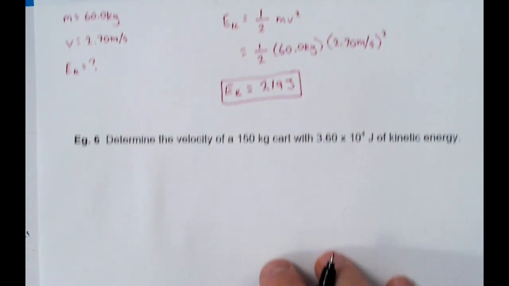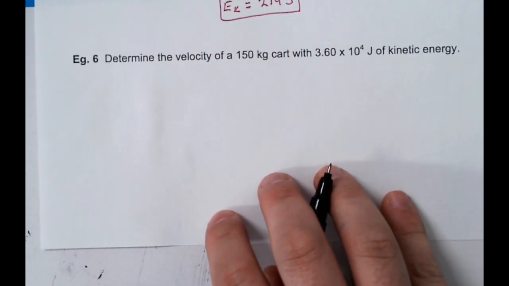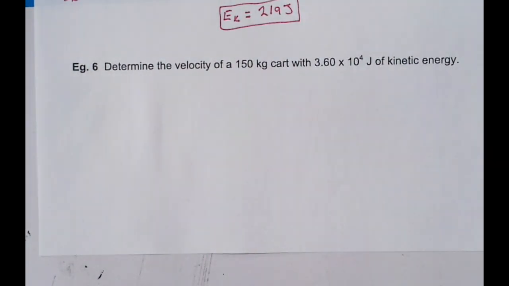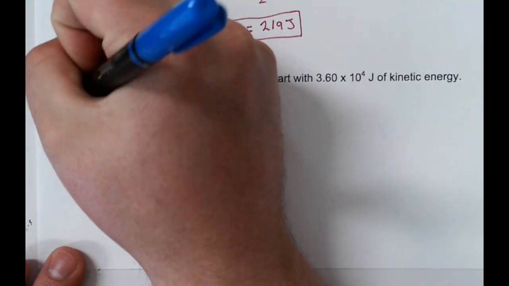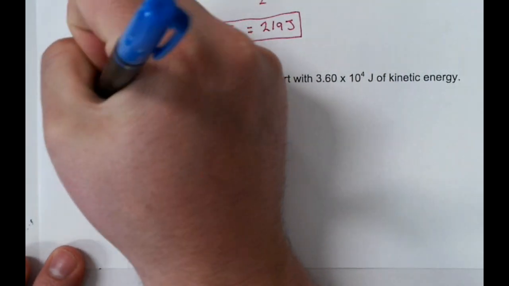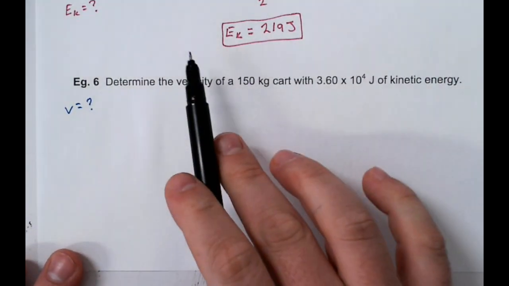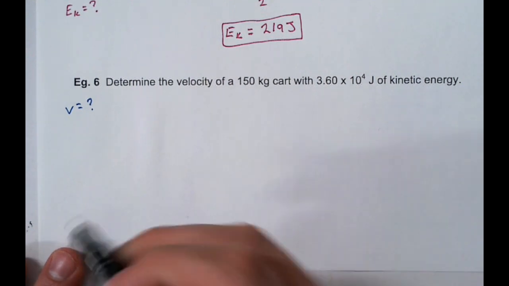Alright, we can also solve kinetic energy problems for velocity if we're given the kinetic energy. So in this question, we want to determine the velocity of a 150 kilogram cart with 3.60 times 10 to the 4 joules of kinetic energy. Again, we want to determine what is velocity, or in this case, more realistically, what is speed.